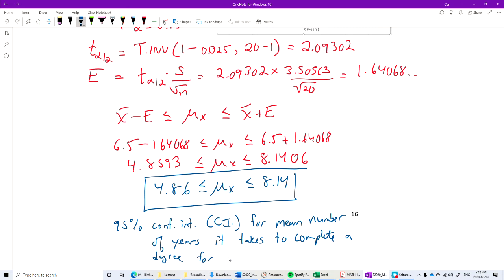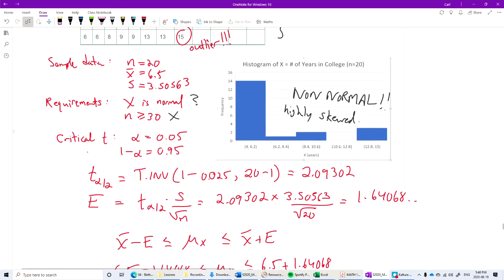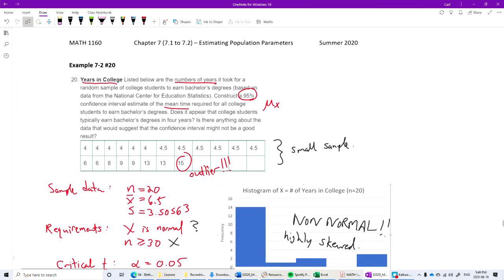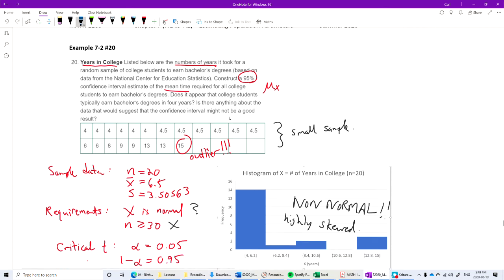This is an estimate for the entire population. What is the population here, by the way? It's probably all US students, right? I don't know where these data come from, but does it appear that college students typically earn bachelor's degrees in 4 years?